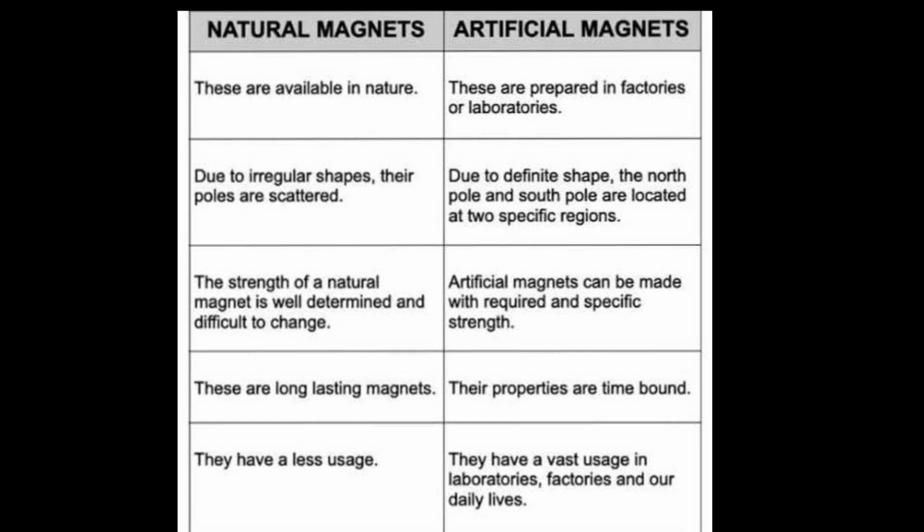Natural magnets are long-lasting, whereas artificial magnets are man-made, so their properties are time-bound. Natural magnets have less usage, so humans establish artificial magnets. They have vast usage in laboratories, factories, and our daily life.